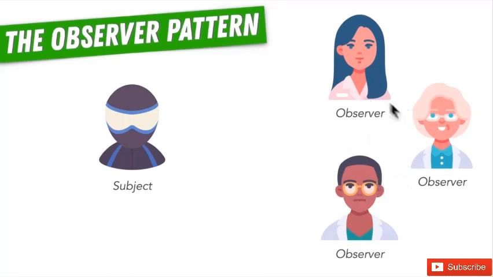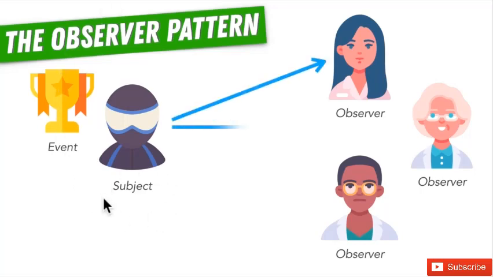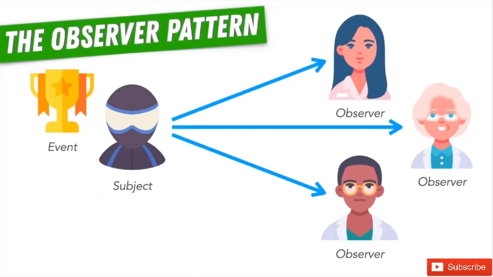So our observers subscribe to events from the celebrity that they're interested in to get notified when an event relevant to the subject occurs. Maybe our mysterious racing driver wins a big event, a big race. This event comes from the subject, who then notifies all of the observers.